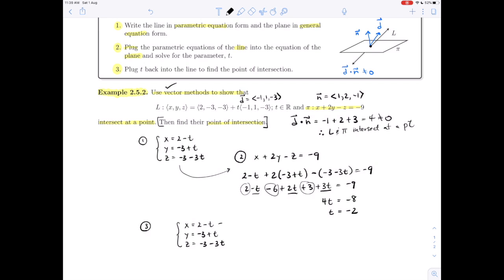So t is -2, so 2 minus (-2), 2 plus 2 is 4. -3 minus 2 is -5, and -3 plus 6 is 3. So our point (4, -5, 3) is the point of intersection of our line and the plane.